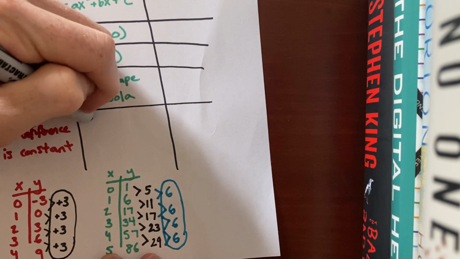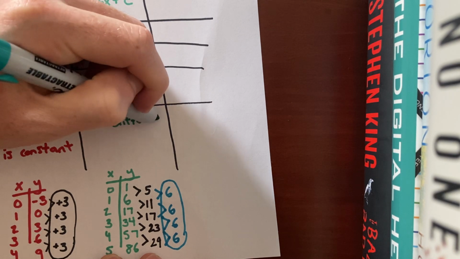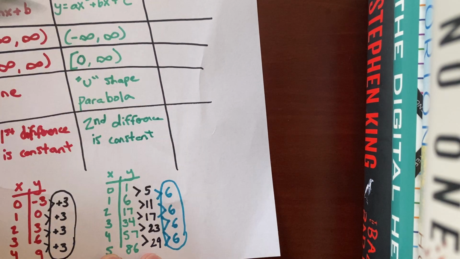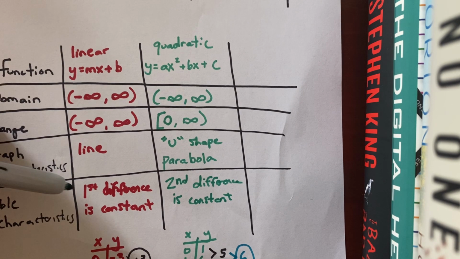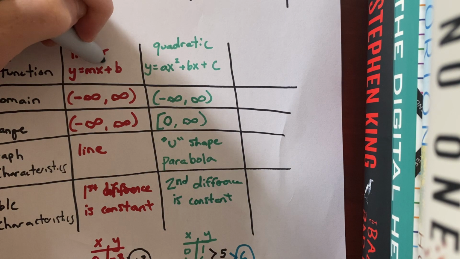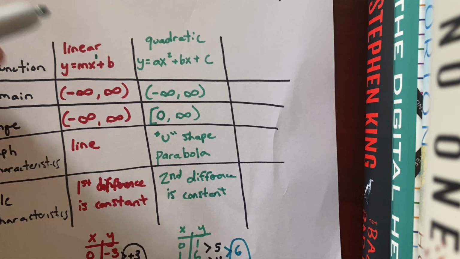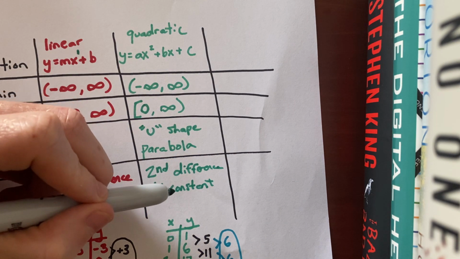All right, so second difference is constant. All right, excuse me, a little tidbit of knowledge here. The first difference was constant in a linear function because isn't the exponent of this x technically a 1? Right, I have 1x there. In a quadratic, I have an x squared. The second difference is constant.